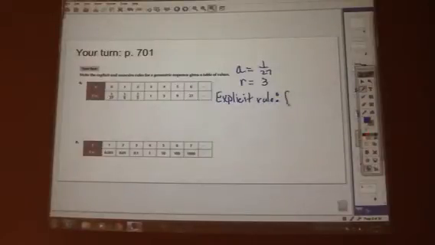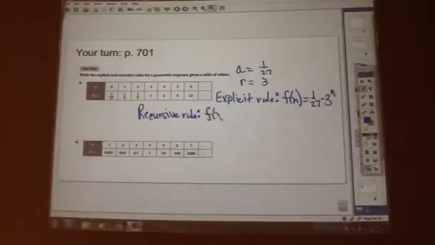Explicit rule. F of n equals A, 1/27 times R to the n or n minus 1? N. I'm going to start the recursive rule over here because there's so much to write on it. Recursive rule.